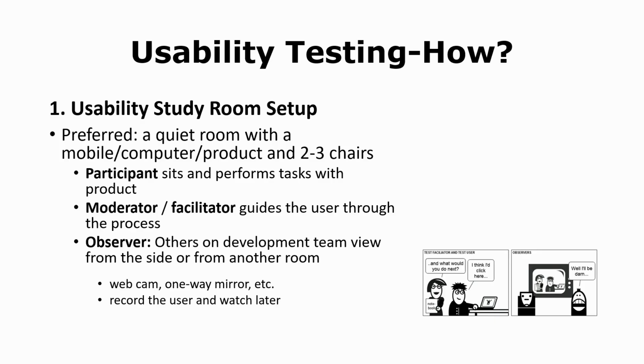Then third is an observer, who is somebody other than the development team. You do not want to have an observer who is from the development team, because he will observe things in a very different way. You need somebody very unbiased. Maybe get somebody from your marketing team who would give you very clear feedback on the expressions and the anxiety and the different levels of enthusiasm which they have observed in the user, right?